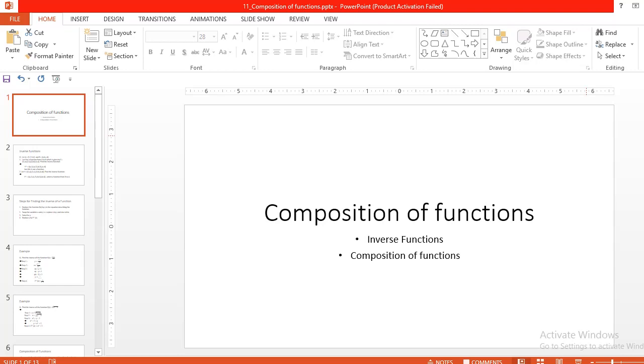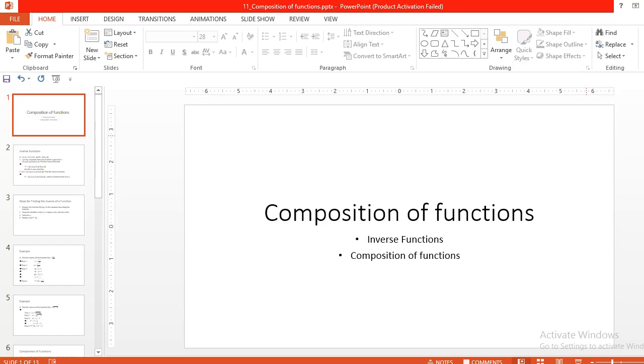Hello everyone. Now in this lecture we will discuss the composition of functions. In the previous lecture we have seen the definition of a function and its different types, like the one-to-one function, the onto function, and the one-to-one onto or one-to-one correspondence function.